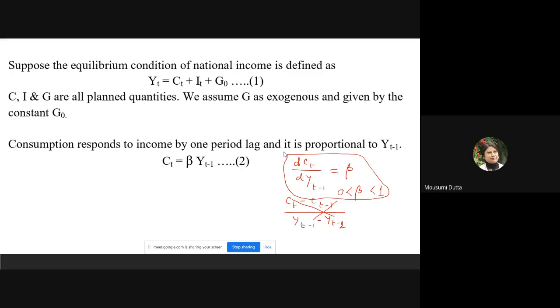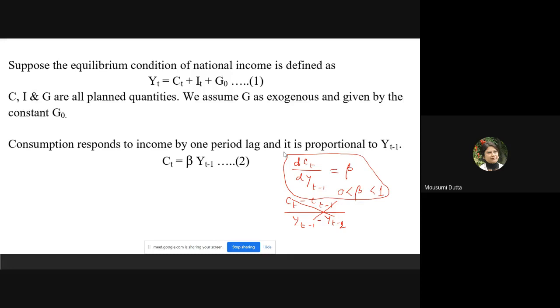So as a note to clarify the ideas, this beta is nothing but change in consumption due to change in income. Though I am considering time to be discrete, that is not changing the basic ideas of macro modeling. Beta can be considered as a factor when we are using the term multiplier.